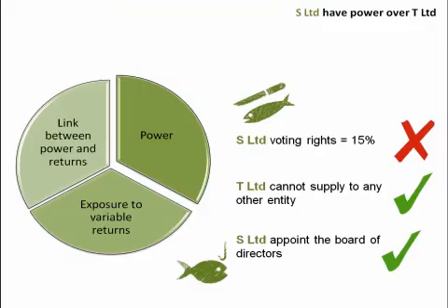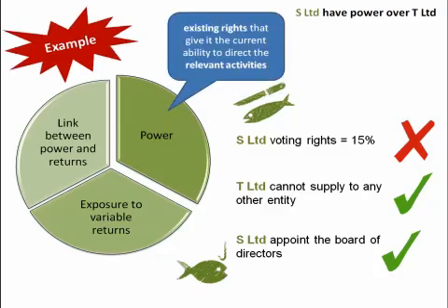Let's review the elements of control again. The first element is power. An investor has power over an investee when the investor has existing rights that give it the current ability to direct the relevant activities of the investee. In this example, S Limited only owns 15% of the share capital and voting rights.